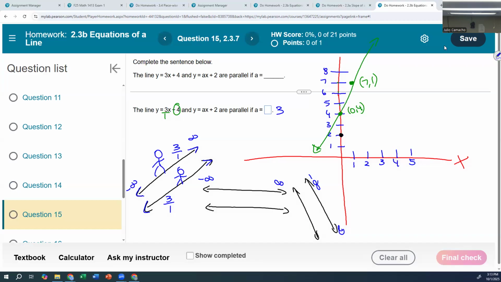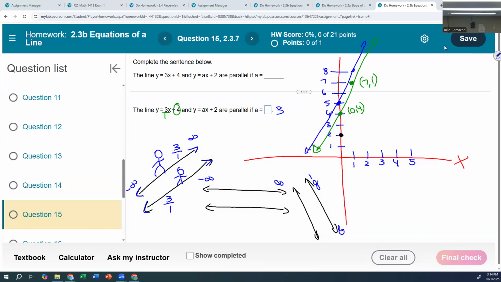And if that is true, the other line will be 1, 2, 3, right there. And then if I want to find another point, 1, 2, 3, 1, right there, the other line is running parallel to this line.